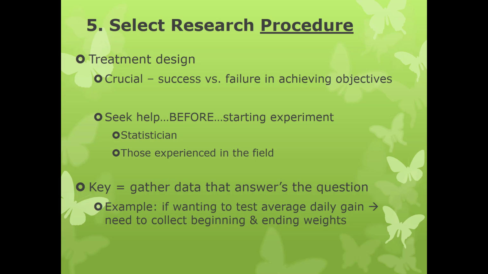In order to calculate average daily gain, you've got to know 3 pieces of information. You've got to know the beginning weight of the animal, the ending weight of the animal on the trial, and the number of days in between. So you definitely better make sure that you're collecting that information if you want to use it to create a new trait in your analysis process.